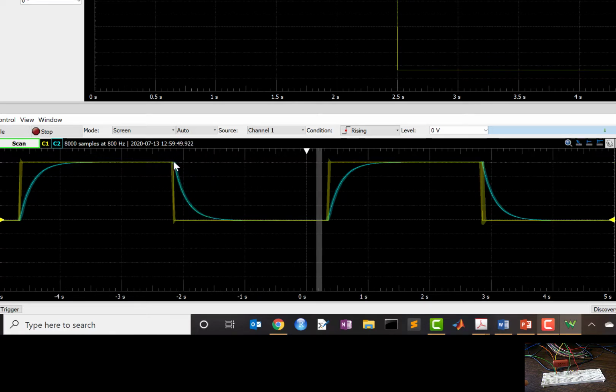As soon as I turn off the 2 volts and switch to the 0 volt input, I can see that the voltage across the capacitor quickly decays exponentially towards 0. These two phases of action are typically referred to in circuitry as charging the capacitor and discharging the capacitor.